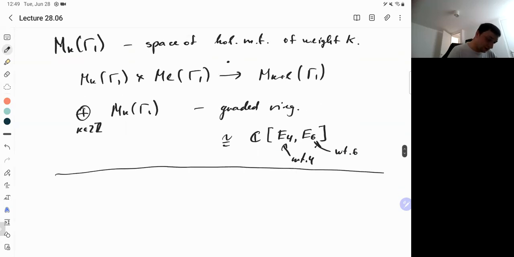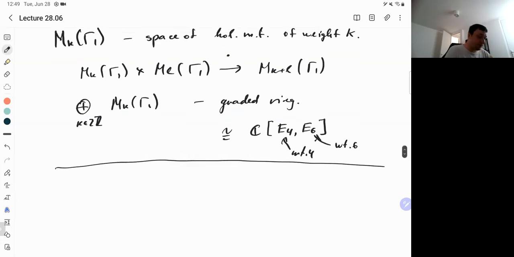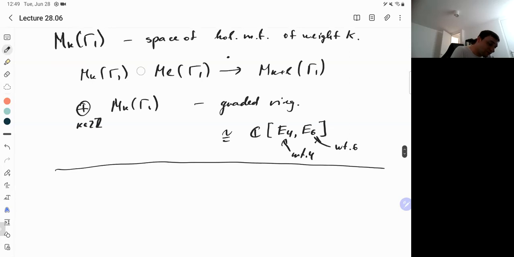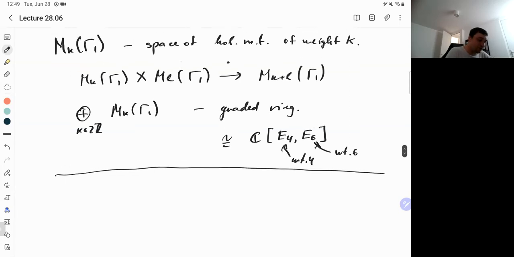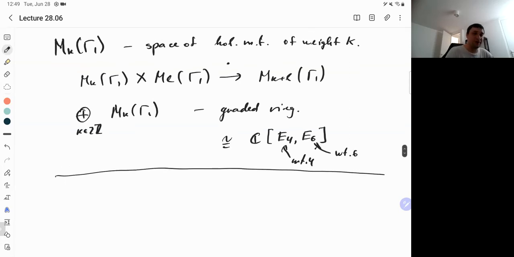So let me actually define some examples. The reason why modular forms are so useful is that there are very many different constructions of modular forms. But all of these different constructions live in small finite dimensional spaces.